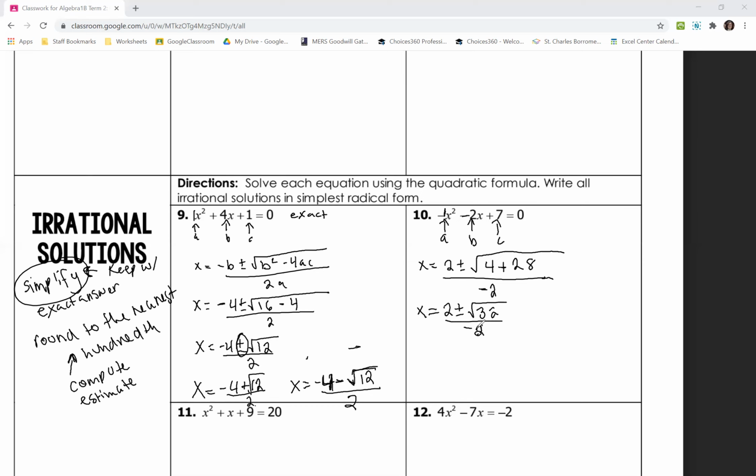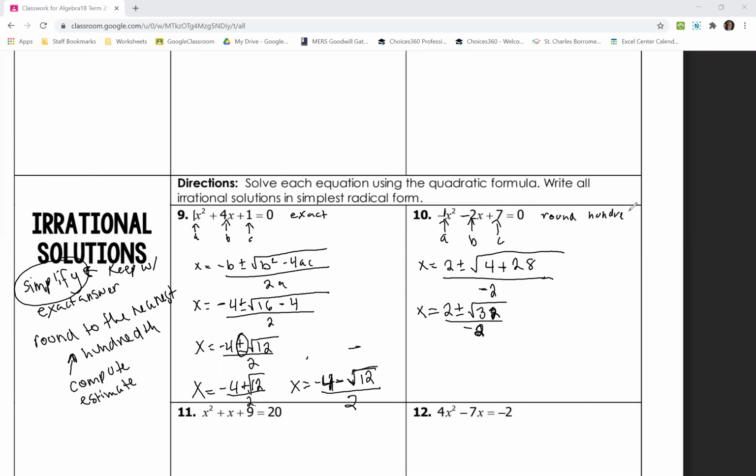Okay, so we don't know what the square root of 32 is. That's not a perfect square. And since this one, I'm going to say they wanted you to estimate or to round. That's what they'll say in Alex, they'll say round. And we'll say to the nearest hundredth.